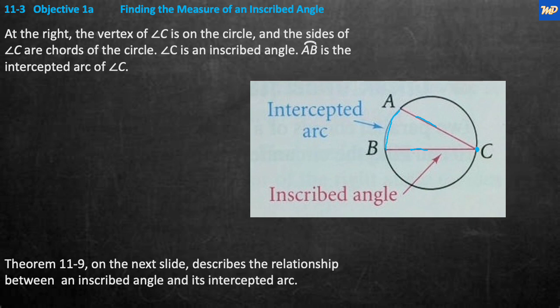So where they intercept between those two, A and B in this case, is an arc that's intercepted by the chords associated with angle C. Theorem 11-9 from your textbook on the next slide describes the relationship between an inscribed angle and its intercepted arc.